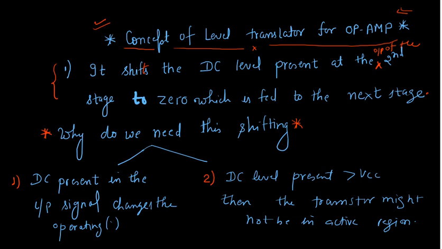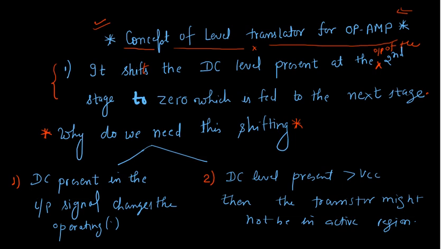Since those capacitors are not allowed in IC integrated circuit technology, because it will make our IC a little bulky, and we want our ICs to be very compact. That is why we cannot use capacitors. Instead we use a level translator. So this level translator will make the DC component at the output 0.